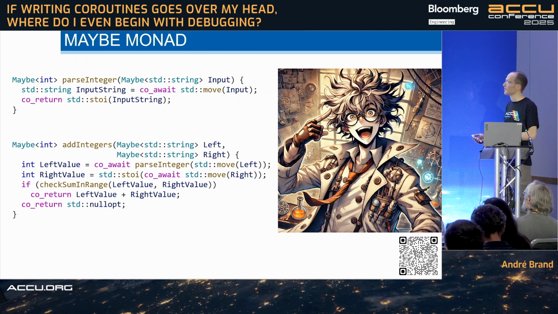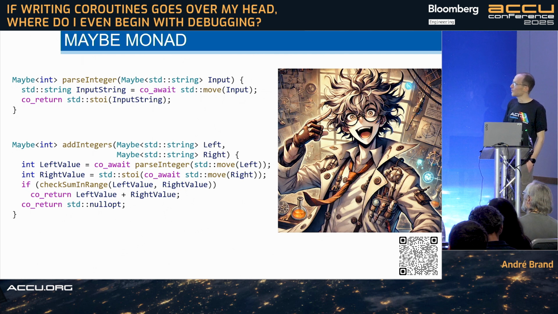This is the monadic return. And it allows you to await on maybe of int and get an int out.